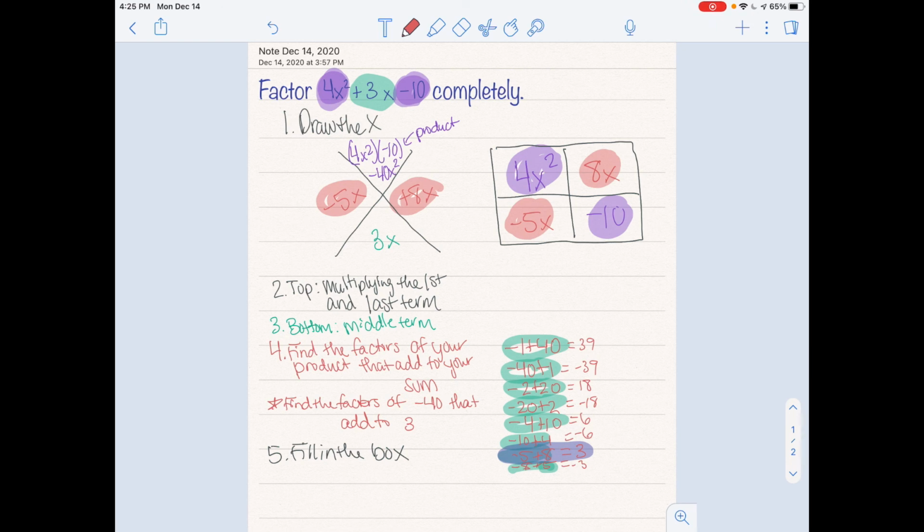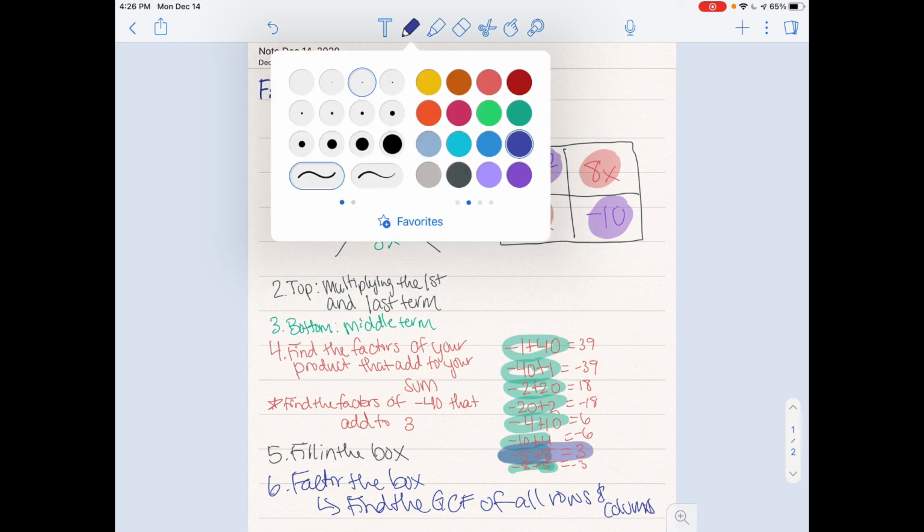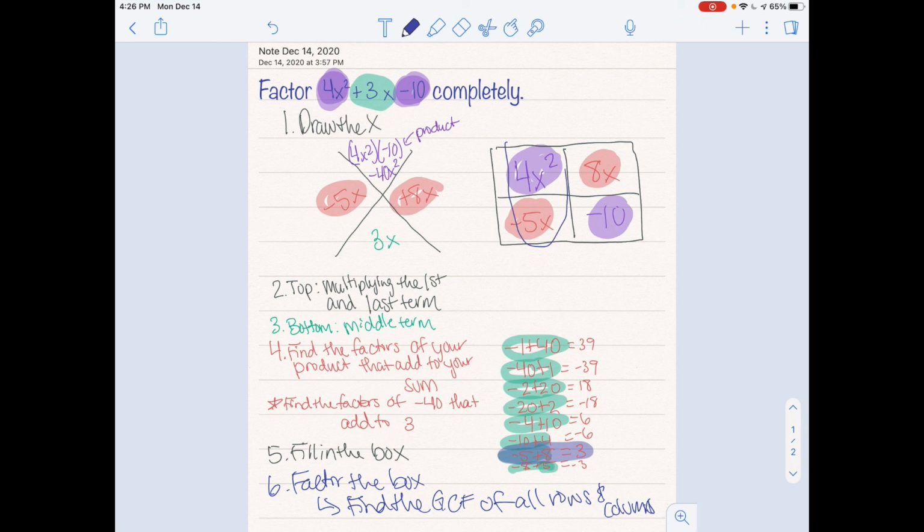From here, what we want to do is factor the box. So our step 6 is going to be to factor the box. In order to do this, we need to find the GCF of all the rows and columns. So both rows and both columns we need to find the GCF of. To start, we will look at our first column. We want to find the GCF of 4x squared and negative 5x.